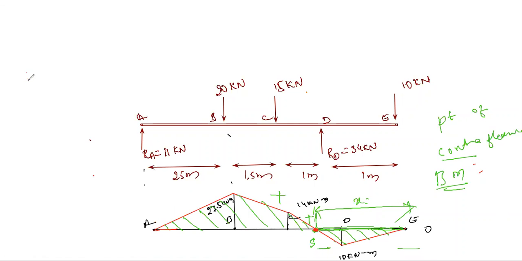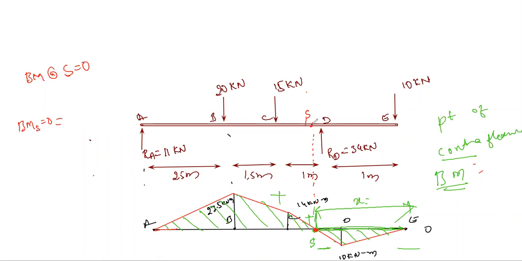So the bending moment at point S is equal to 0, because at the reference line the bending moment is 0. For example, this bending moment may occur somewhere here. So we call it S.